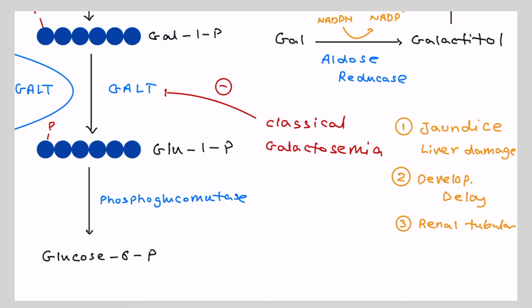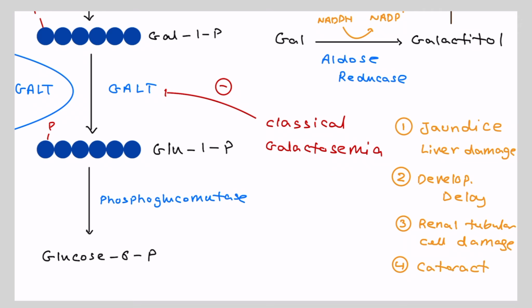It's going to first deplete the phosphate inside the cell, thereby damaging the active transport, and secondly, accumulation of galactitol is going to cause more problems such as osmotic injuries, so renal tubular cell damage. Of course, in the lens, it's going to end up giving us cataract.